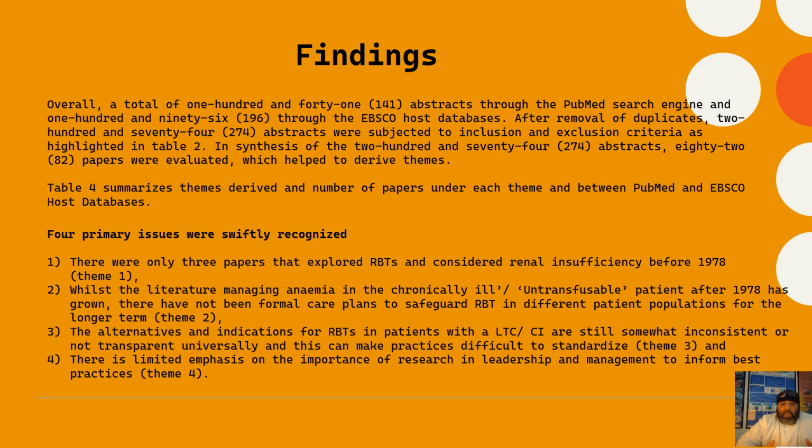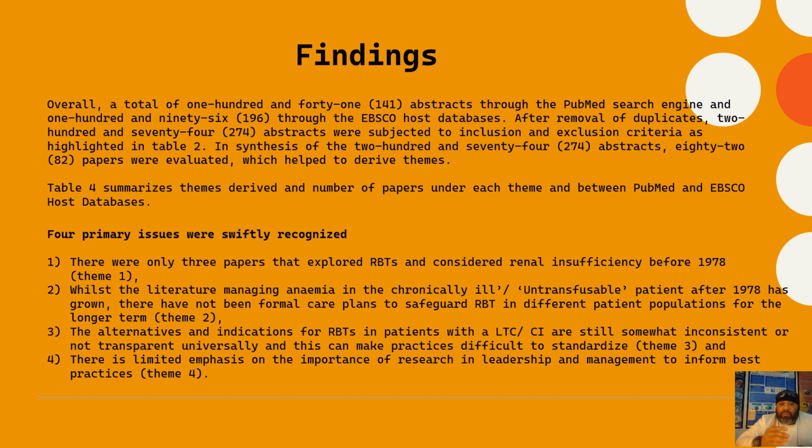Before I come on to what is in table 5, 4 primary issues were swiftly recognized. There were only 3 papers that explored red blood cell transfusion and considered renal insufficiency before 1978, according to theme 1.